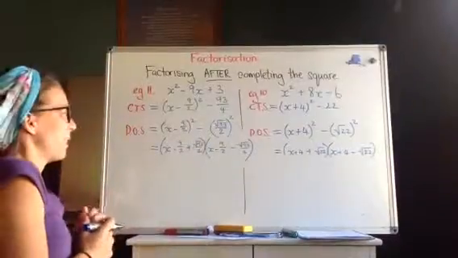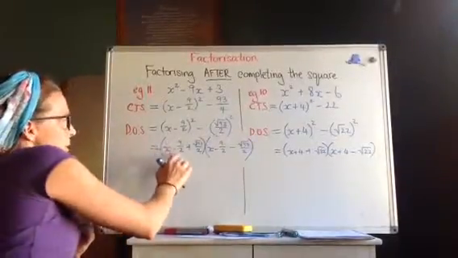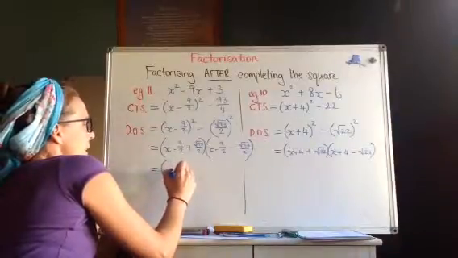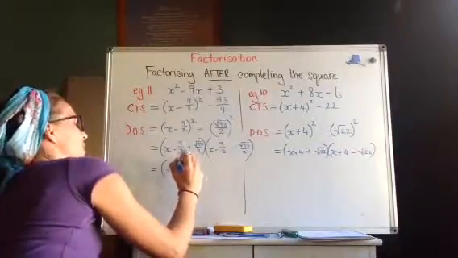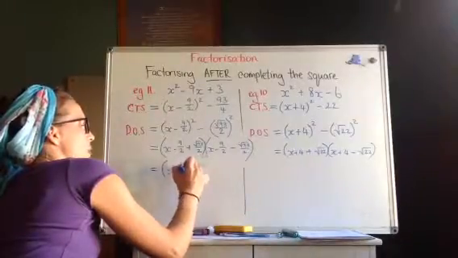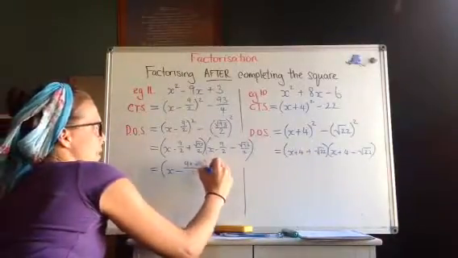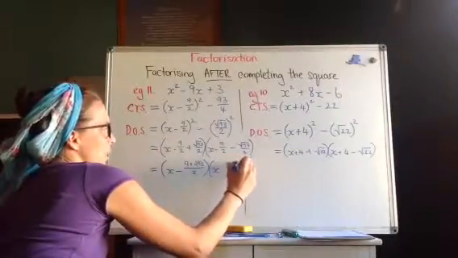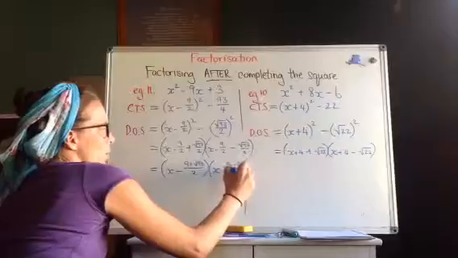Can probably be simplified down a tiny little bit more because these both have the same denominator. So we could have x take 9 plus root 93 all over 2. And then this could be x take 9 take root 93 over 2.